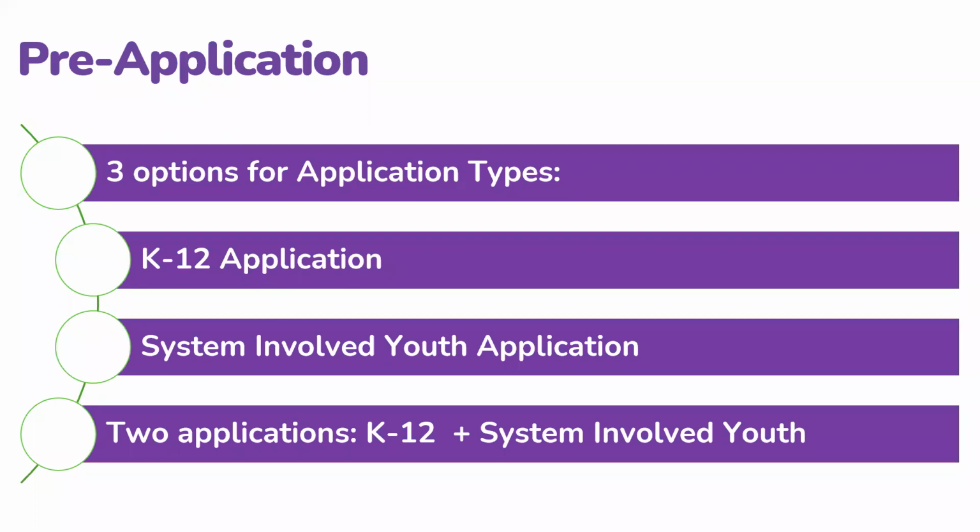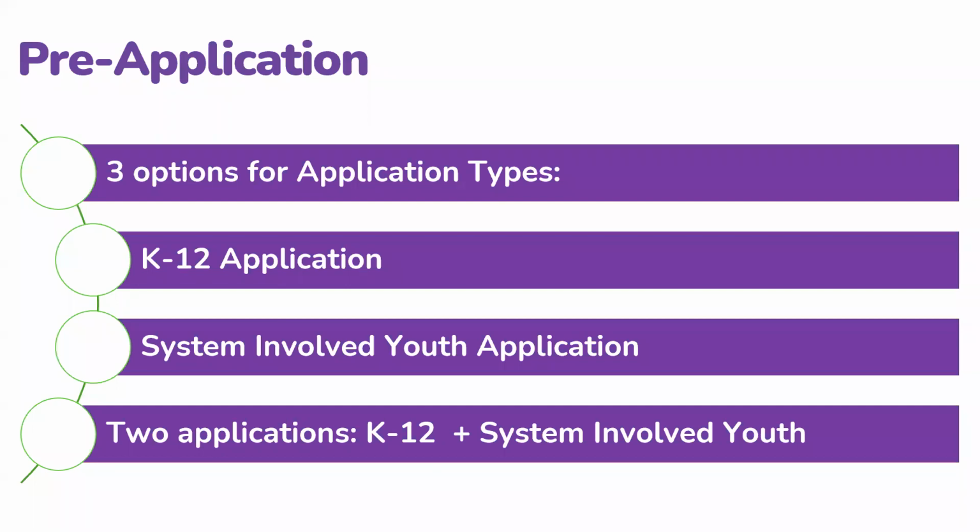The three application types are the following. There is a K through 12 application, that K through 12 group that we have been mentioning, which could be elementary K through 5, middle school 6 through 8, or high school 9 through 12. And as we have mentioned, you don't necessarily have to apply for all age groups. You can, but that is that application.